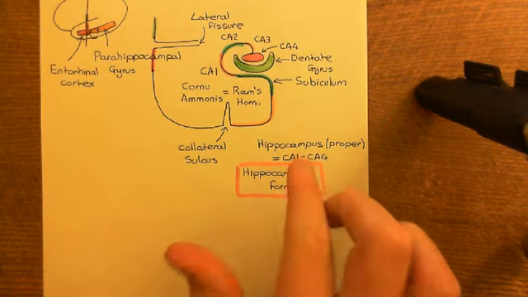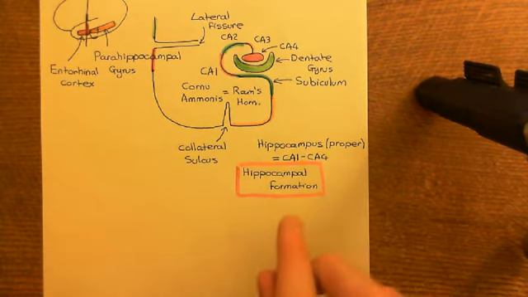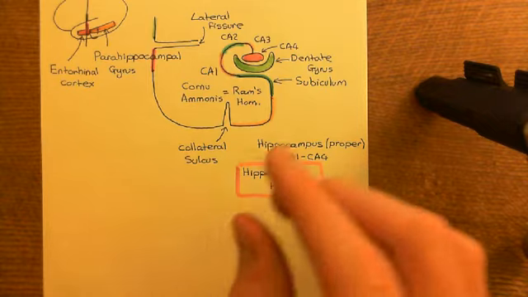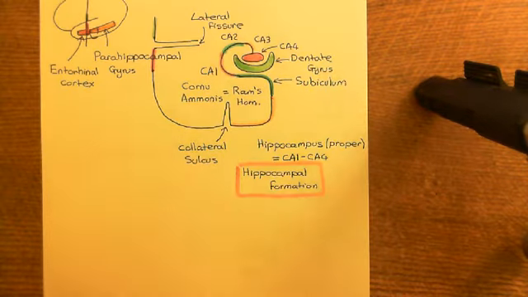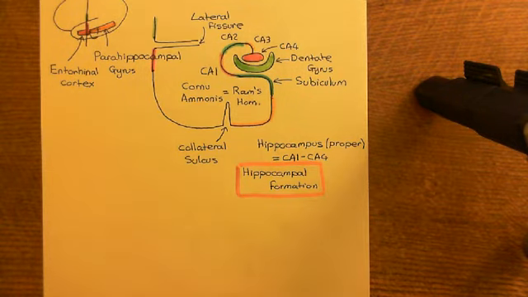However, when people do say the hippocampus, generally they mean the hippocampal formation, so the subiculum along with CA1 to CA4 and the dentate gyrus. That's the anatomy of the hippocampus, or the hippocampal formation if you like, because we will use hippocampus in this sense, meaning hippocampal formation, and the entorhinal cortex.